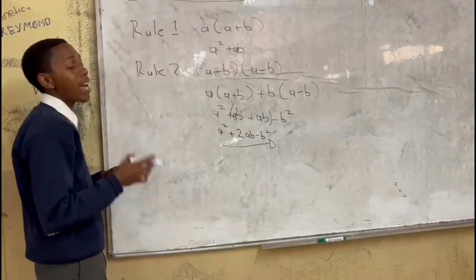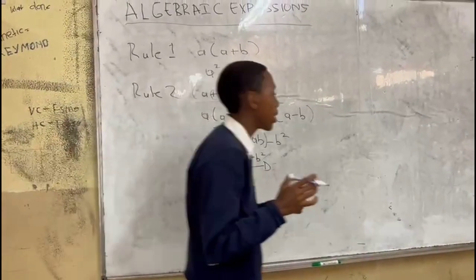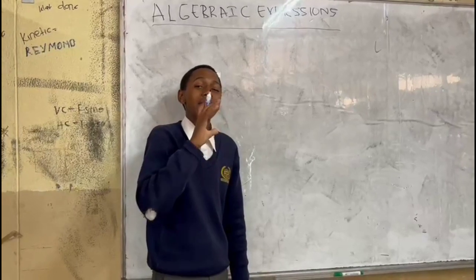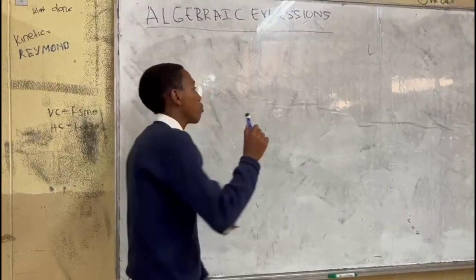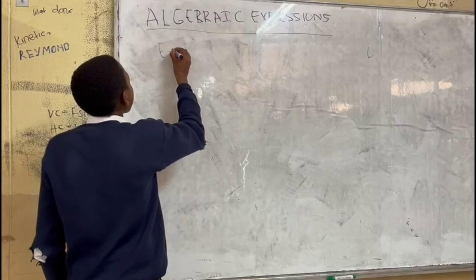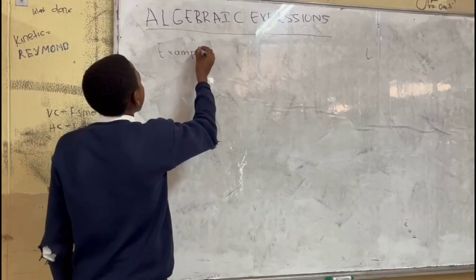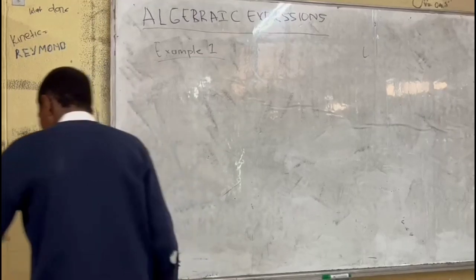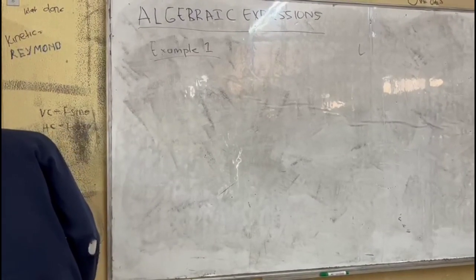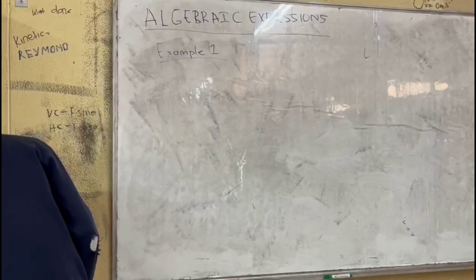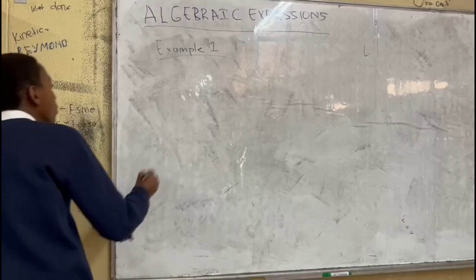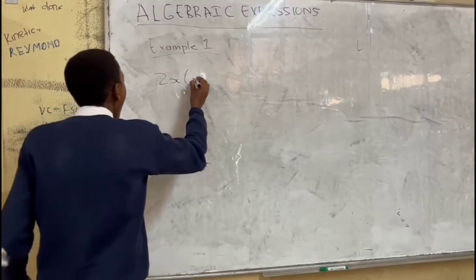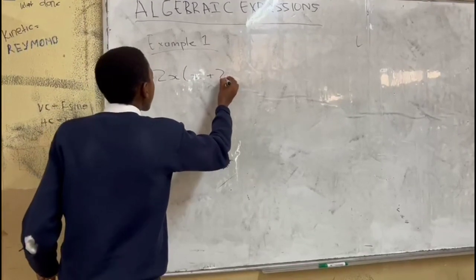Then I'm going to do example 1 and example 2. Understand? As I've said, we're going to do example 1 and example 2. Example 1 will be 2x(x + 2).